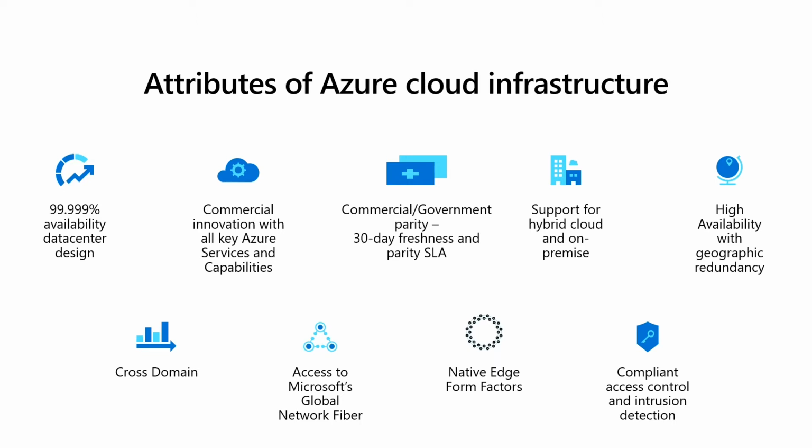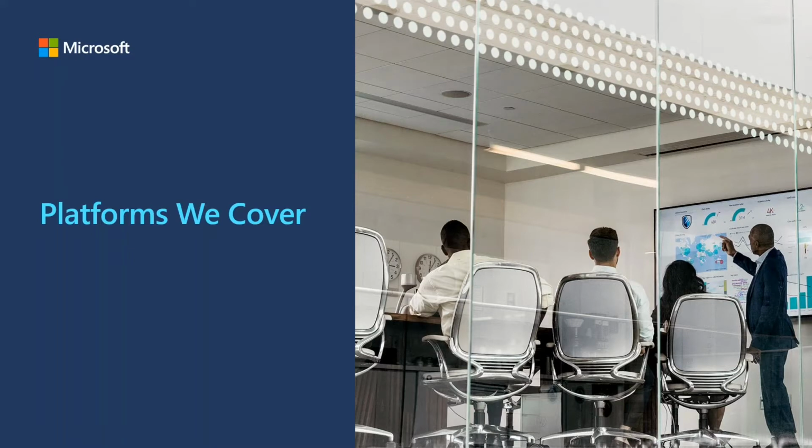You want to take advantage of new form factors and capabilities that you have within the cloud, and we'll talk about ways you can do that. And then finally, it's being able to have that security that you need to be able to look at who's trying to access your system and what kind of intrusion might be detected and how to mitigate that. And with that, I'm going to turn it over to Bob.